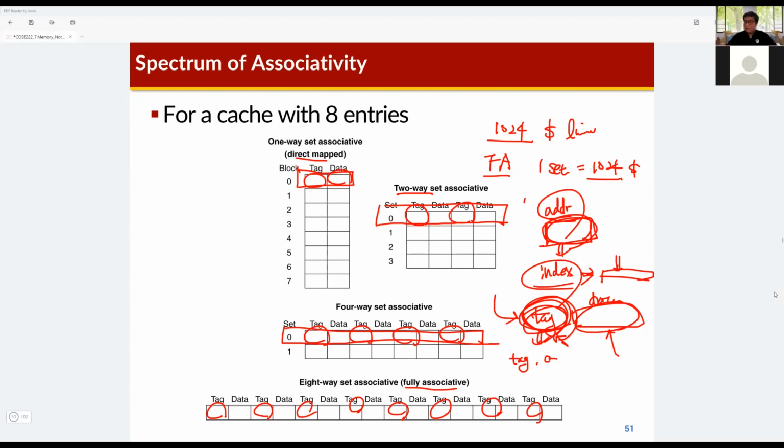We need to compare the entire tags in the fully associative cache. So that means the fully associative cache requires how many comparators? The number of required comparators is equivalent to the number of cache lines. So it's very, very expensive.